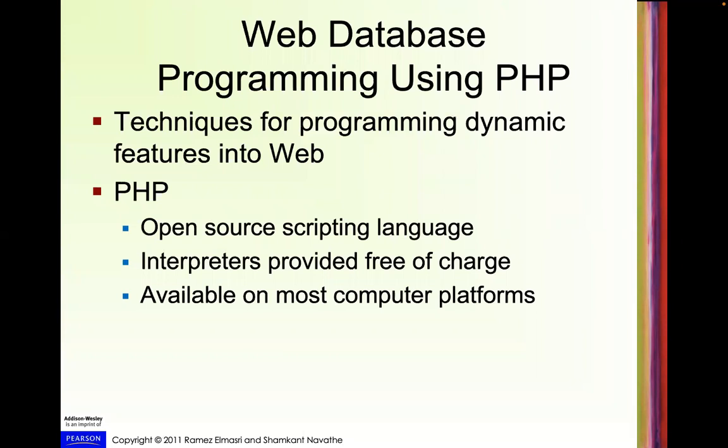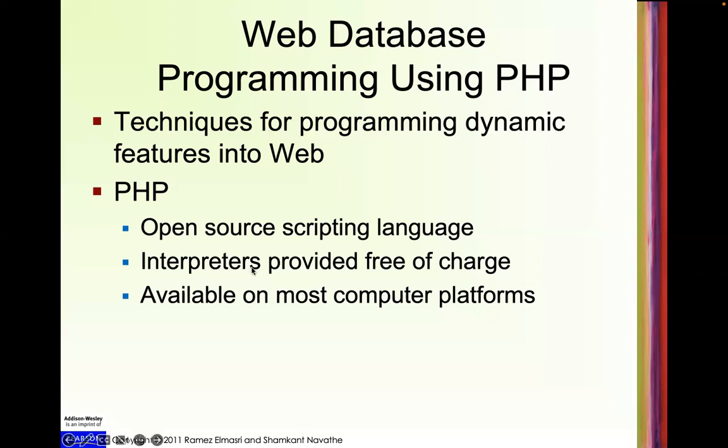Now, PHP has some techniques for programming and it has some dynamic features for web programming. So what is PHP? PHP is an open source scripting language, so it has an interpreter.